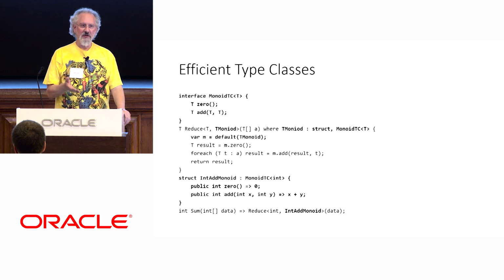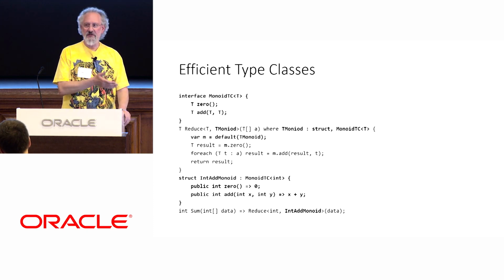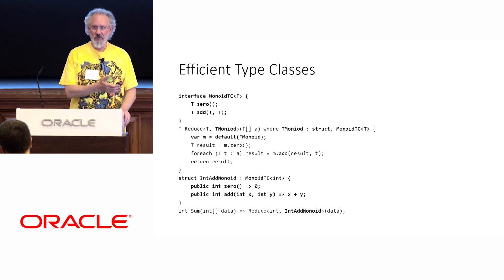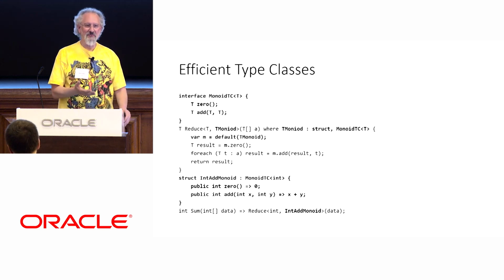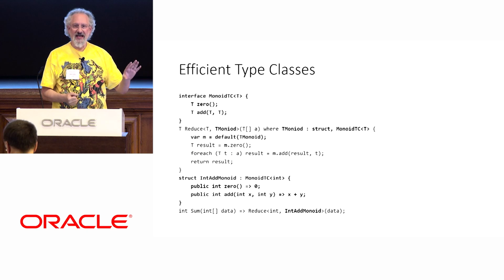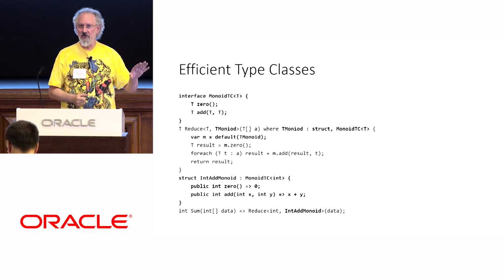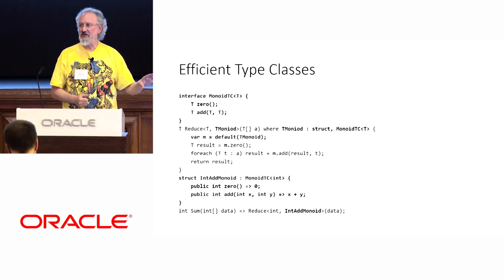Now, by convention, implementations of these interfaces should have no data. Of course, you want that to be enforced by the compiler somehow. What I'm showing you is the kind of thing that a language could translate a type class language feature into. So this is the target of the translation.